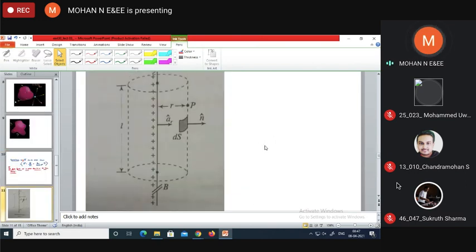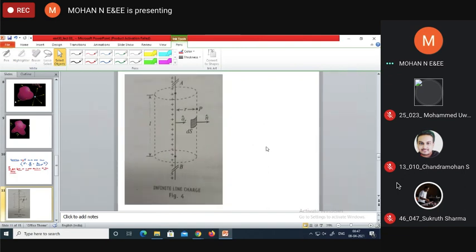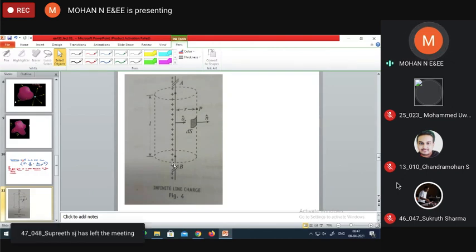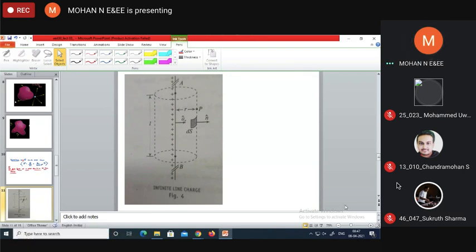Now, this is my line charge, which is on the Z axis or X axis or Y axis. You can take it as a reference. In my case, I'm just taking it as a line charge.